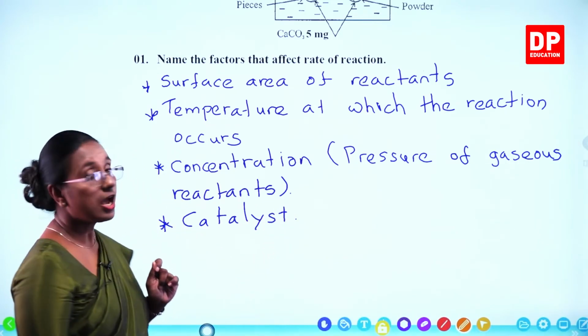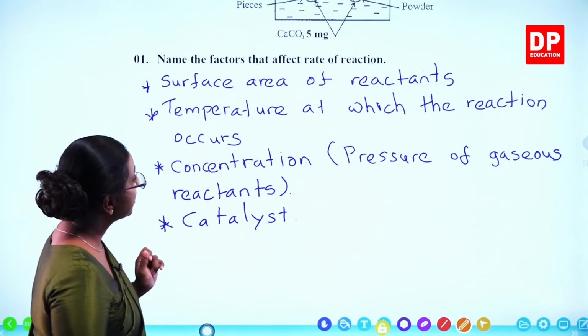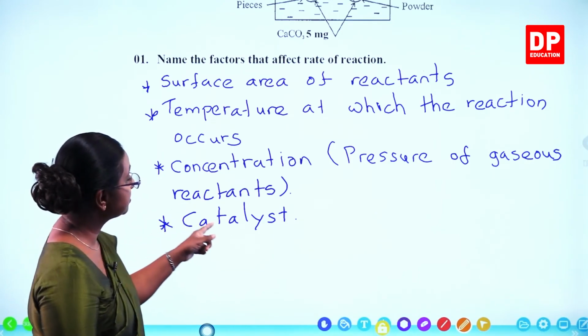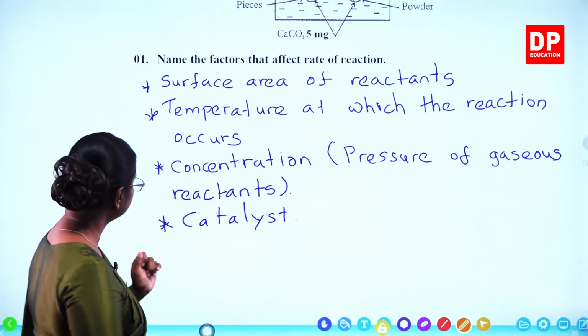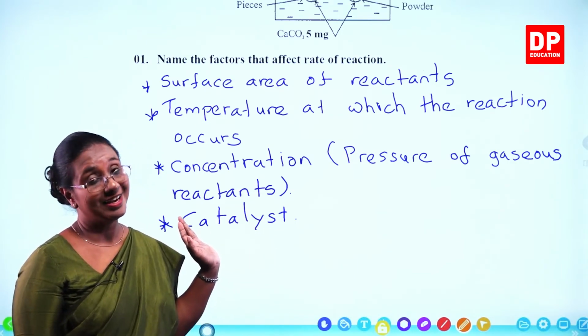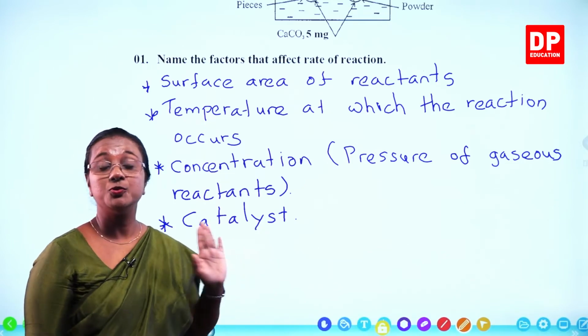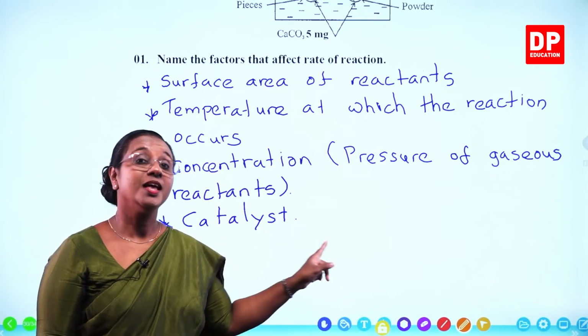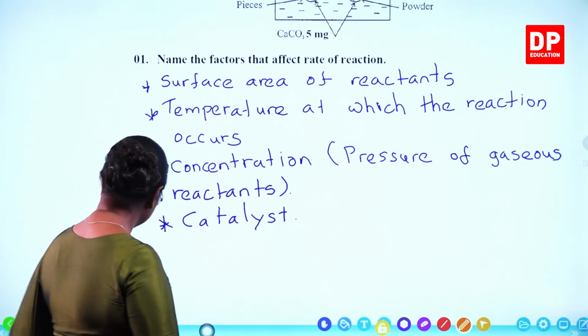So, surface area of reactants, temperature at which the reaction occurs, concentration or pressure of gaseous reactants and catalyst. Those are the factors that affect the rate of reaction. I am sure by now you know them by heart very well. Then we'll move on to the next part.